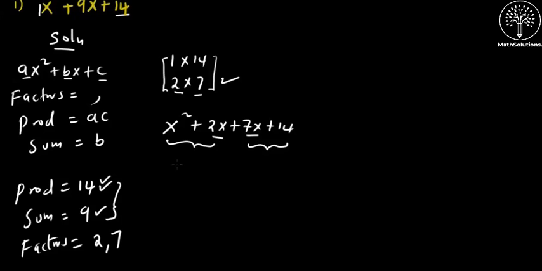In the first group, the common factor is x, so we factor out x into x plus 2, plus in the second group we have 7 as a common factor, factor it out into x plus 2.